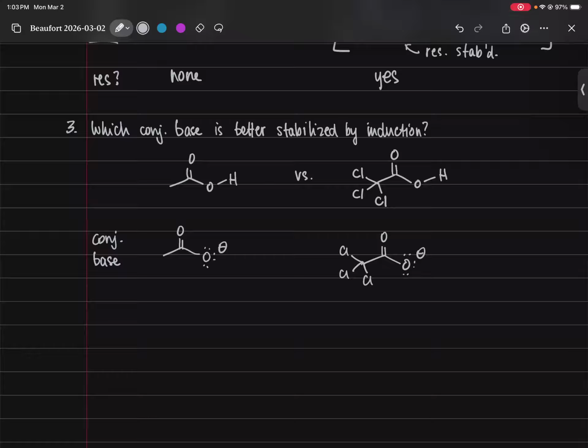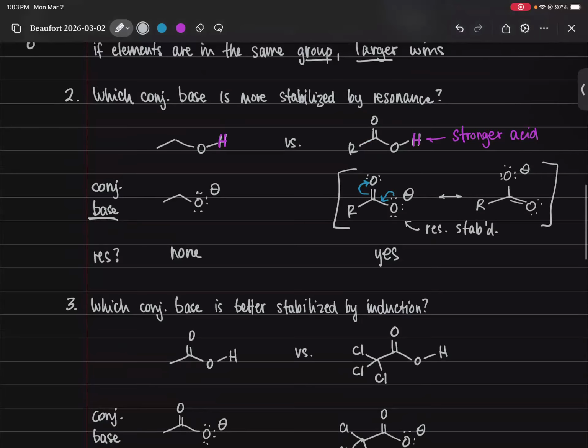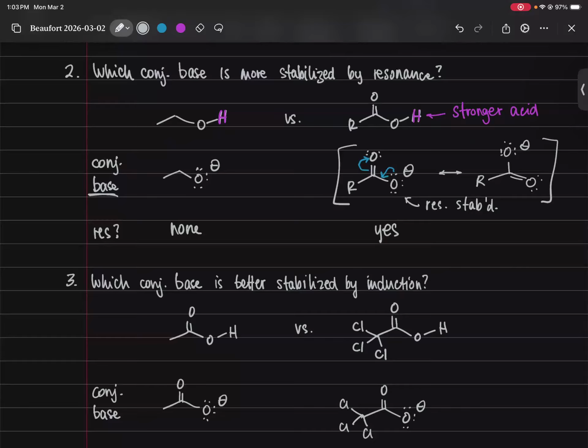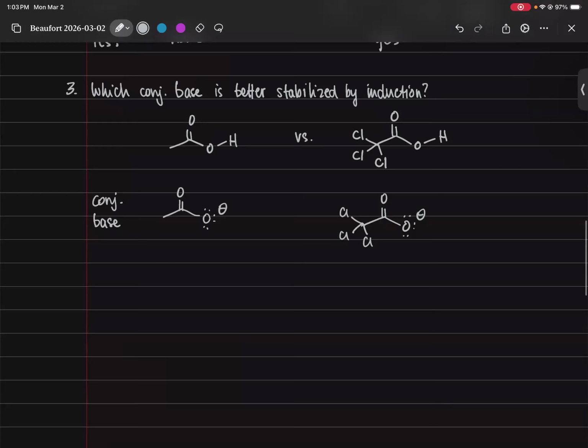So technically, with the example on number two, what we should have done first is go back up to the first step, because the first one's always most important, and look at the atoms. Well, they're both oxygen in this case, so rule one is not useful. And then we can do the same thing for number three.